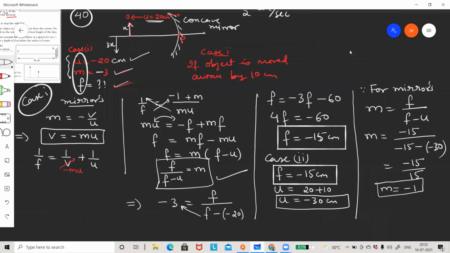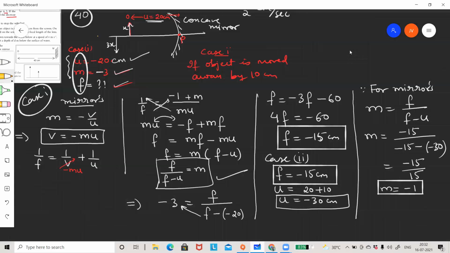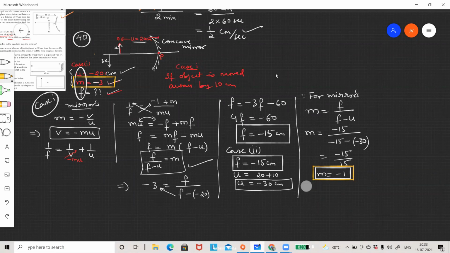But earlier also there was a magnification: earlier, the magnification was minus 3. So based on the current position of the object, there is a change in image magnification.